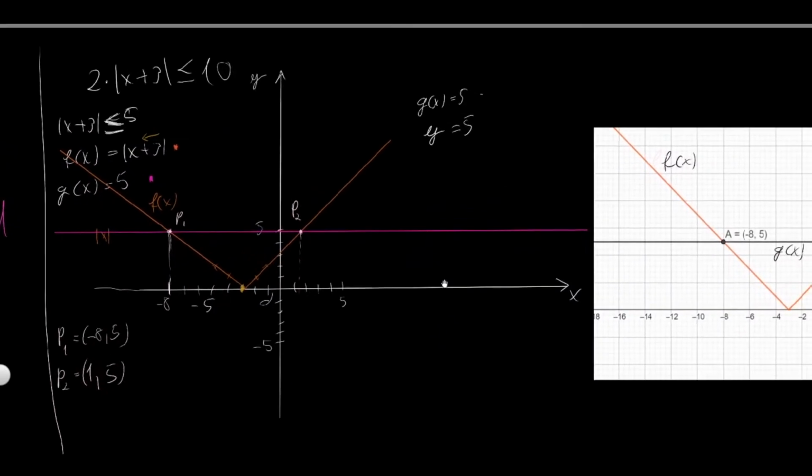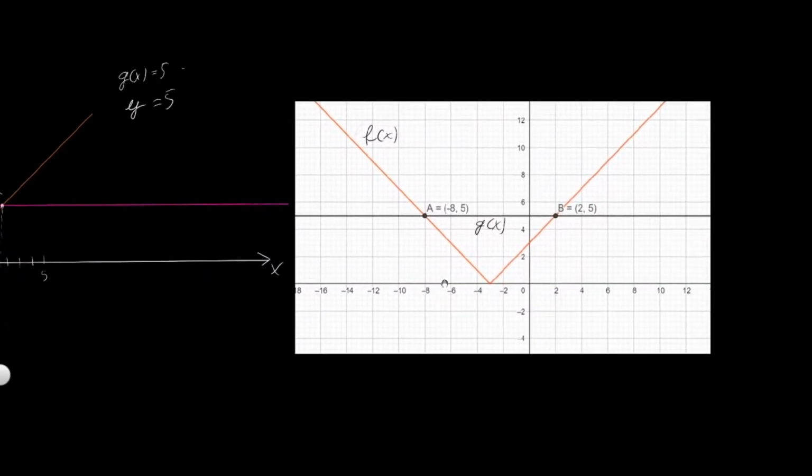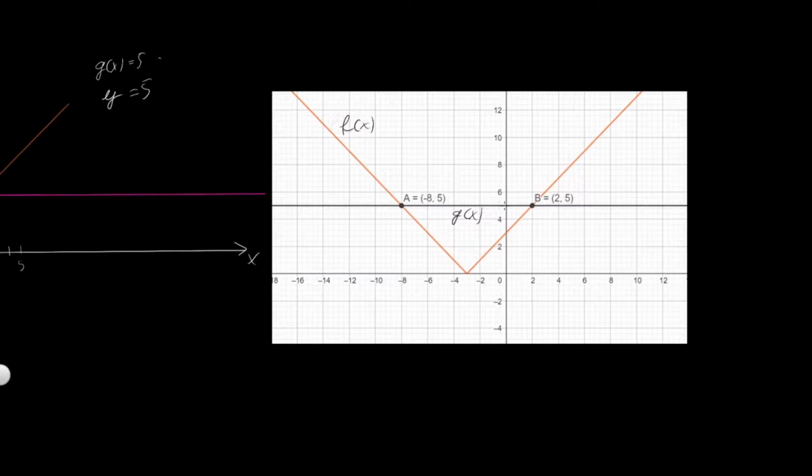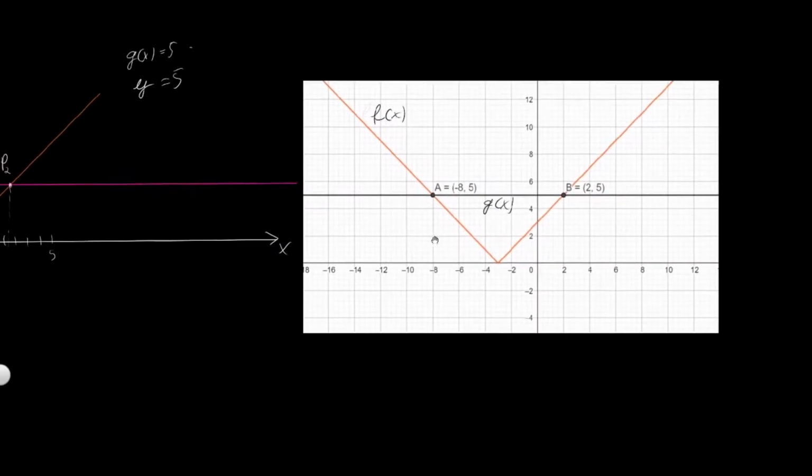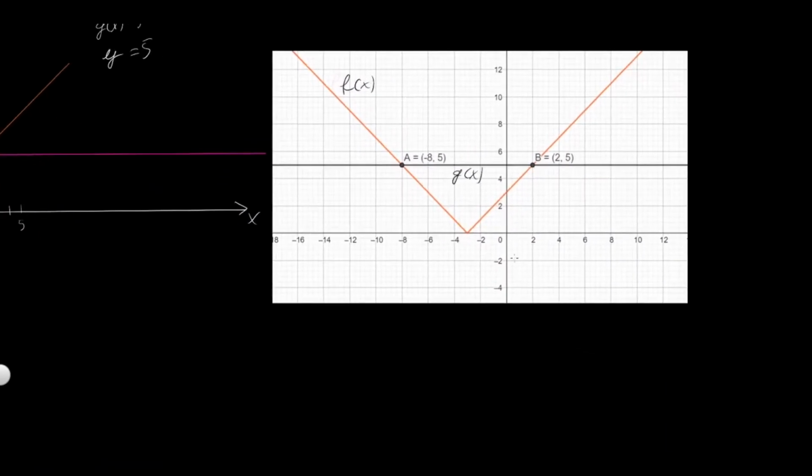So it says that the absolute value has to be smaller than 5 on the x-axis, which is here, but the x value of this is basically 0.